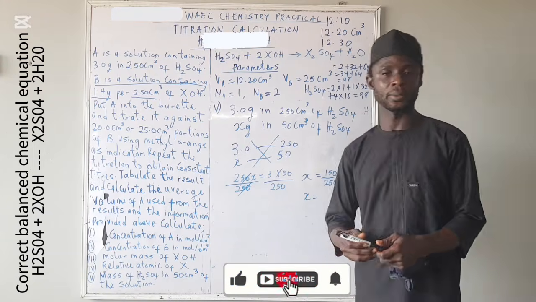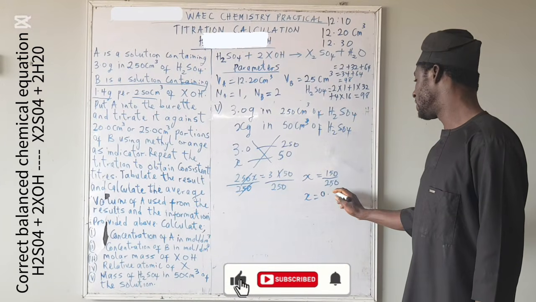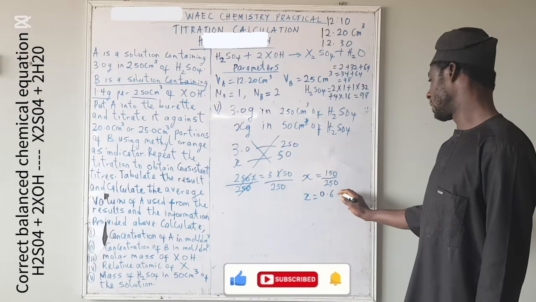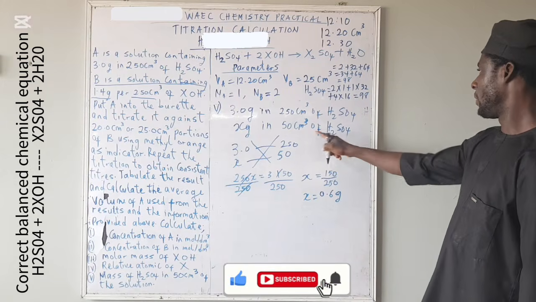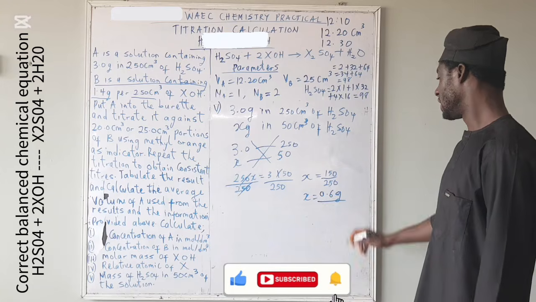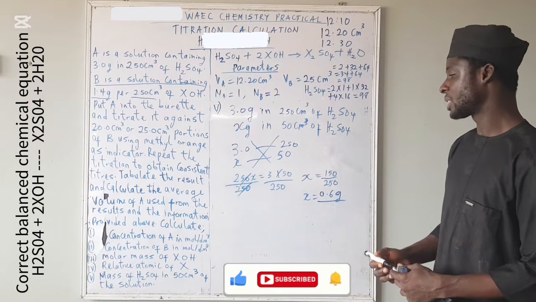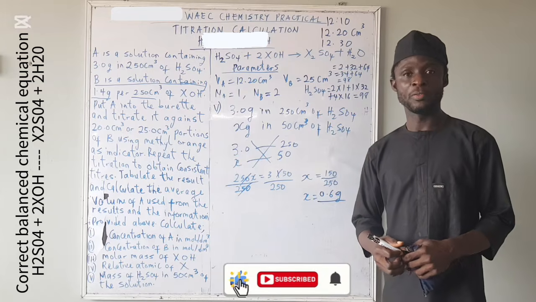Now with our calculation, we got 0.6 gram. That is in 50 cm3 of H2SO4, it is 0.6 gram. So that becomes our last calculation for today.